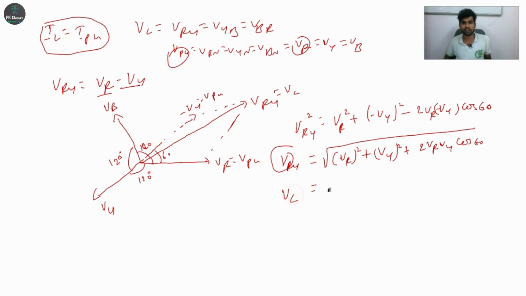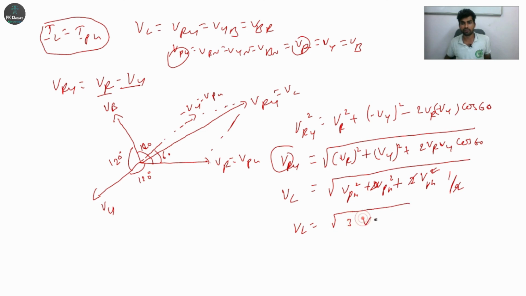So VL square is equal to V phase square plus V phase square plus 2 V phase square cos 60, which is 1 by 2. The 2 gets cancelled, and you will get VL square is equal to 3 times V phase square. Finally, you will get VL is equal to root 3 V phase. This is the final equation of voltage. So current IL is equal to I phase, and voltage VL is equal to root 3 V phase.